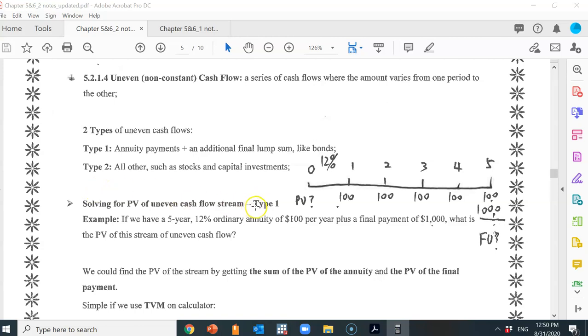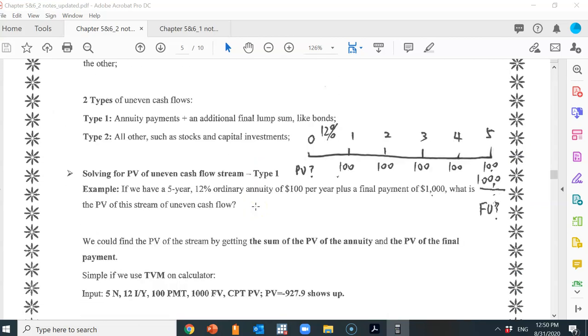Okay, so for type 1, we already learned how to calculate the present value and future value for lump sum and annuity. So for type 1, we just combine what we've learned. Calculate the PV of the lump sum and annuity and add them up.